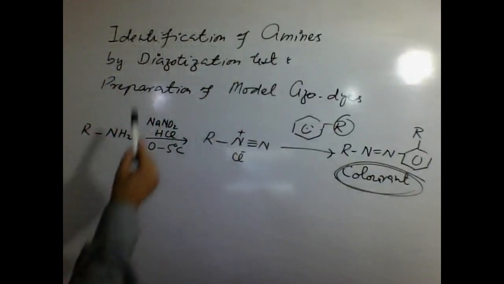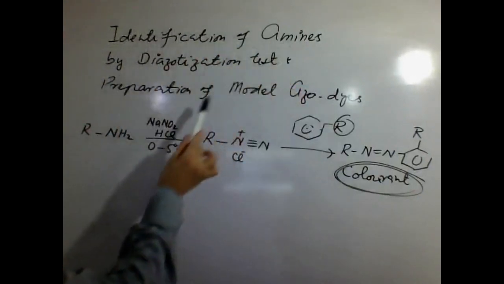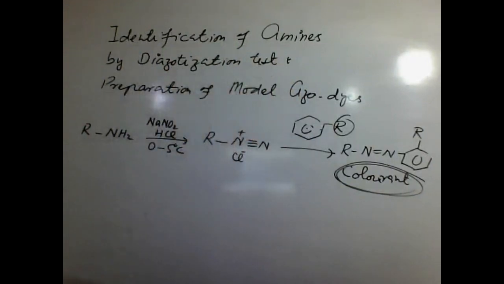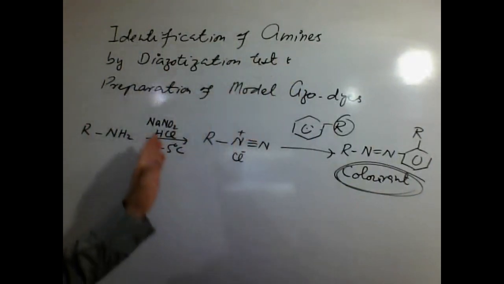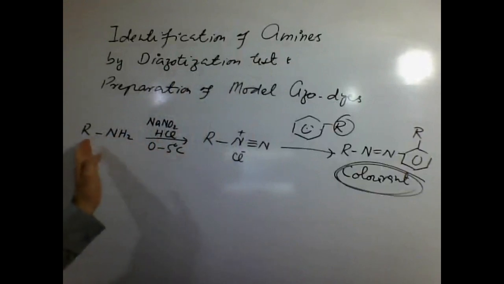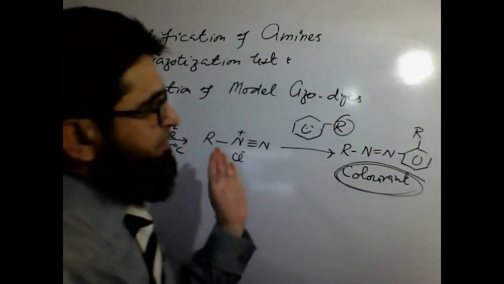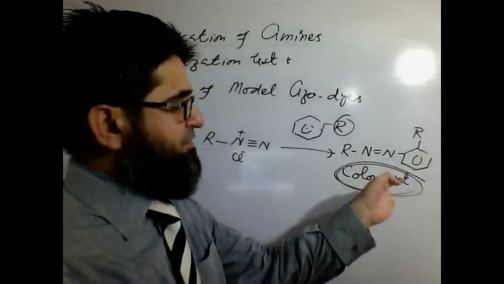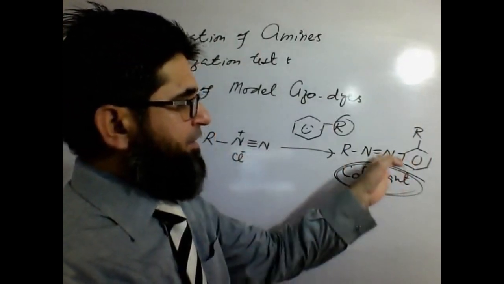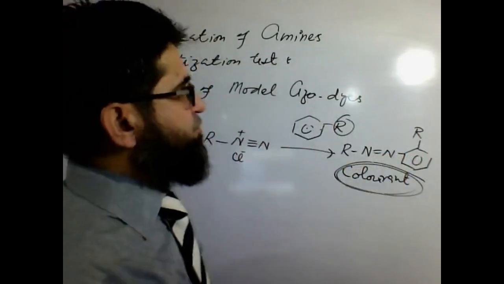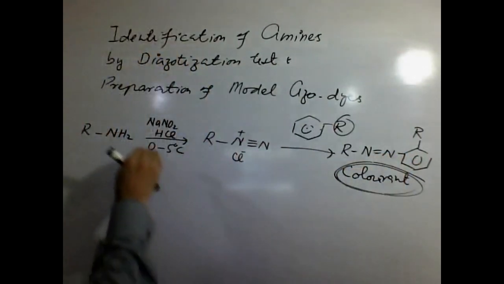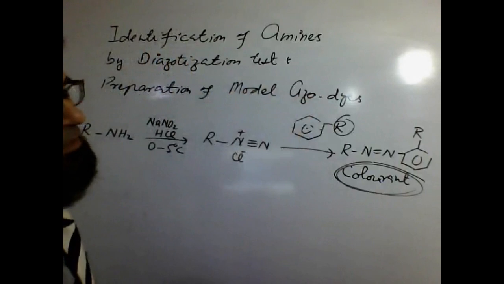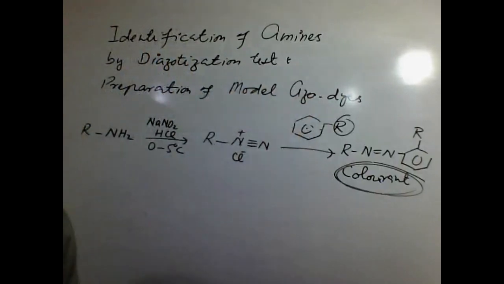So it's an identification of amines using the diazotization test, and this reaction results in the formation of a colorant, an azo dye. So it can also be used as a preparation of model dyes for the color chemistry students.